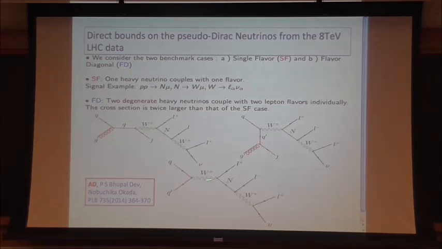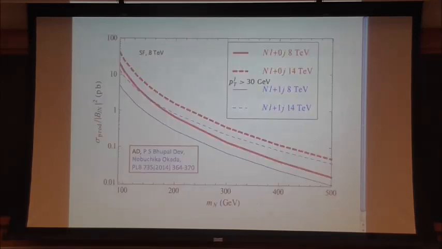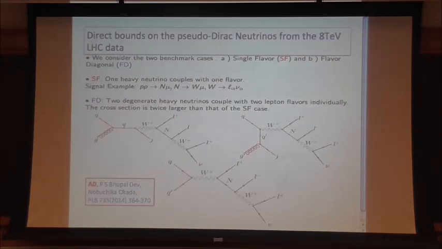If you have Q Q-prime alone, then the cross section is much lower than Q Q-prime plus QG. We produced the heavy neutrino with the lepton: in Q Q-prime, mediated by W, the W gives the lepton and the heavy neutrino. And from the QG, we have this W, and the W produces the lepton and heavy neutrino.